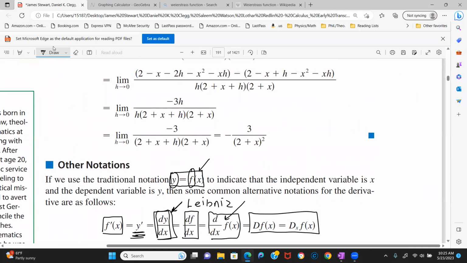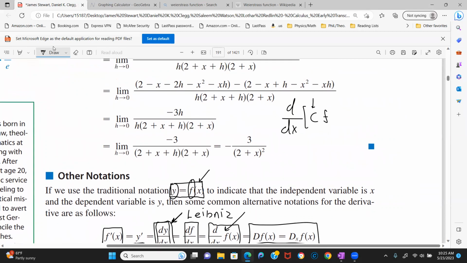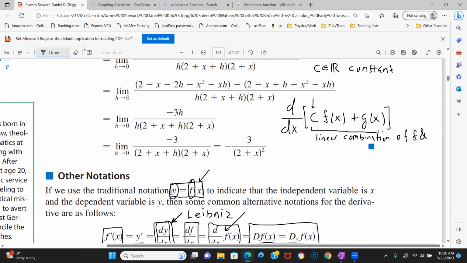So using this dy dx, it turns out that, for example, if you want to take the derivative of a sum of two functions with a scalar multiple, where c is a constant, a real number constant, this right here is called a linear combination of f and g.